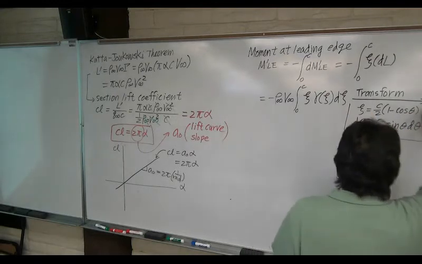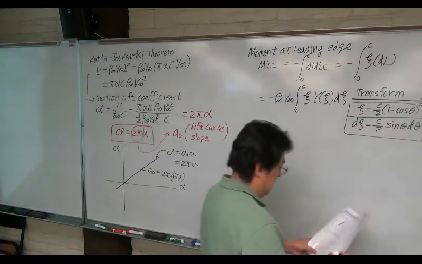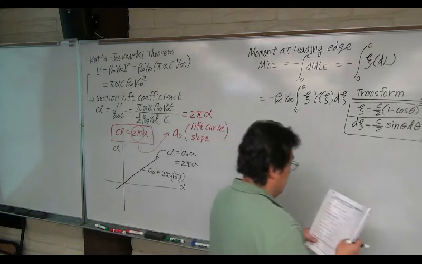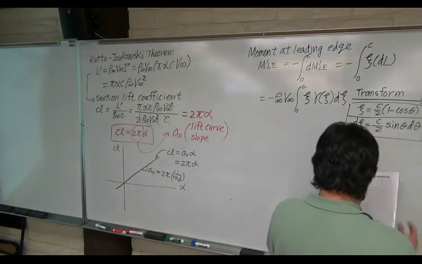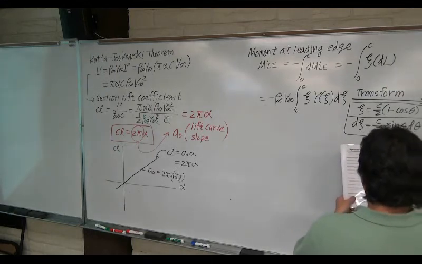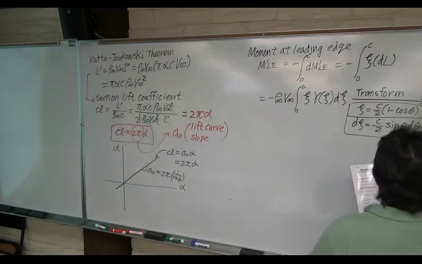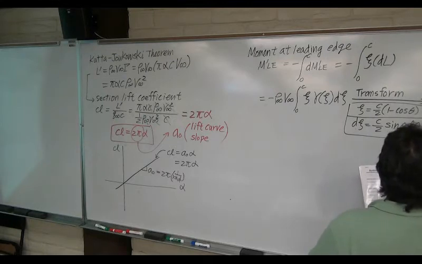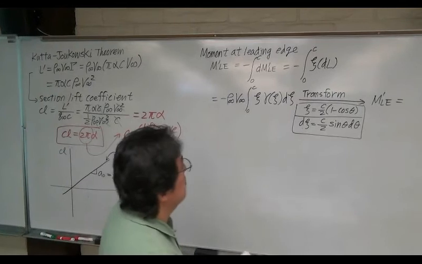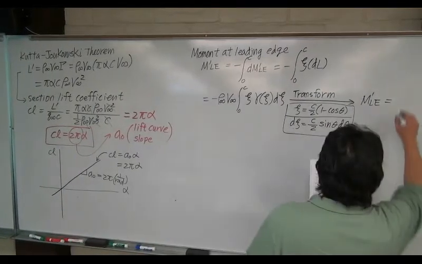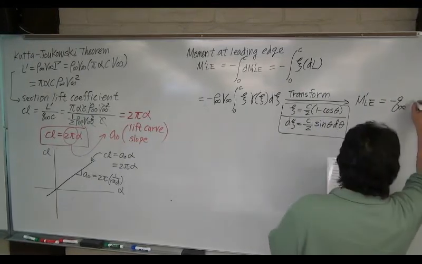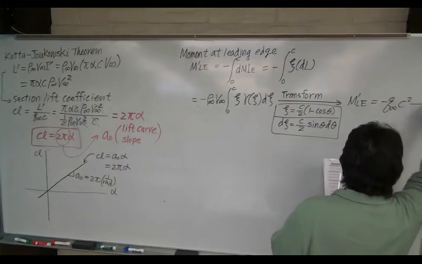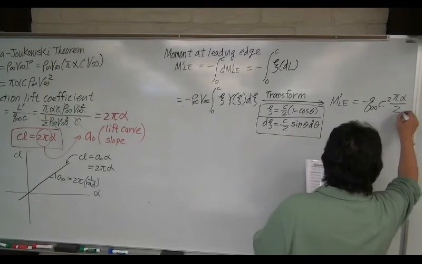Okay, we are going to apply this coordinate transform, in which we are going to come up with, if you go through this transformation, do the math, we're going to have minus q infinity c squared pi alpha over 2.